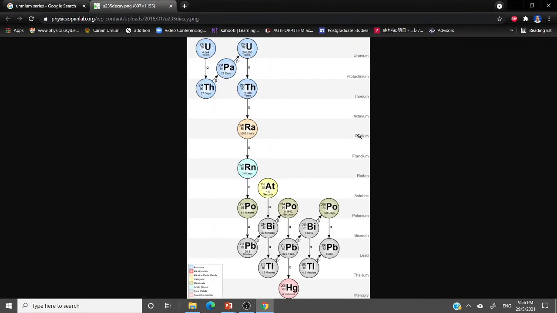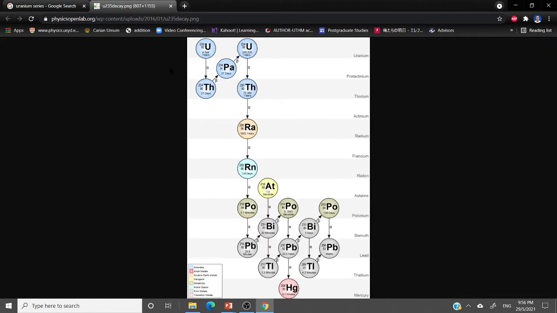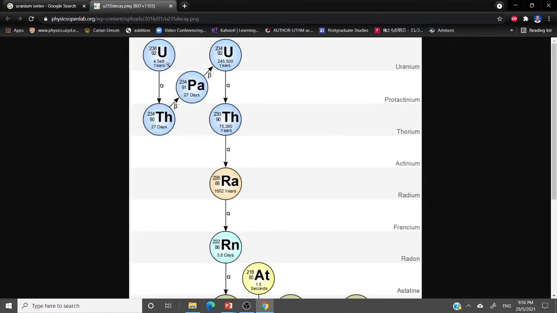So we start with the parent nuclide, which is uranium 238. The half-life is 4.5 times 10 to the power of 9 years, so it's a very long half-life.